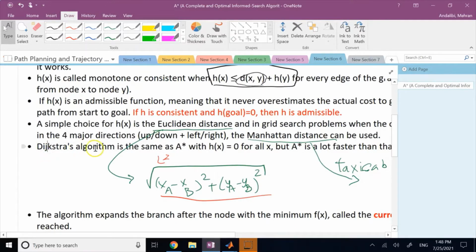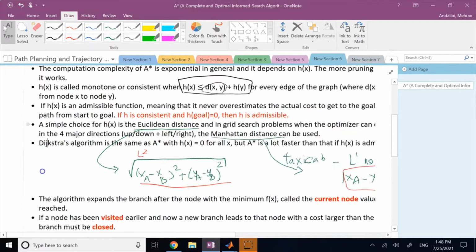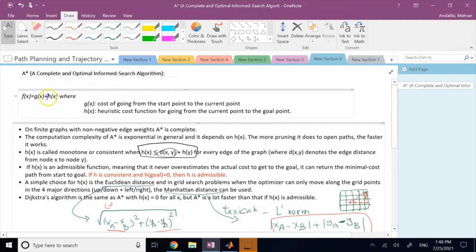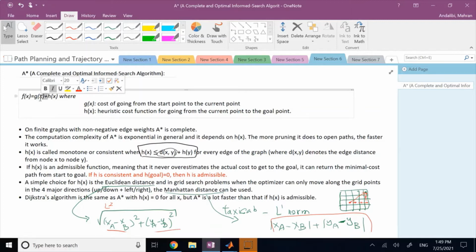It's a predecessor to A star, and it's the same as A star as long as you forget about H. So the cost function you are trying to minimize in Dijkstra is basically G, the total distance, the total weight of the edges, or the distance that you came from the start to here. That's all you're trying to minimize, right?